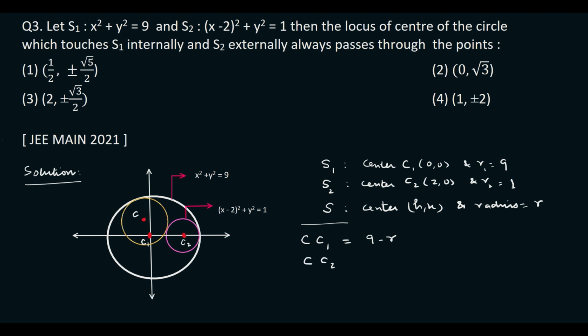So CC1 will be 3 minus R, the difference of the radii, and CC2, since it is touching externally, will be the sum of the radii, so 1 plus R.